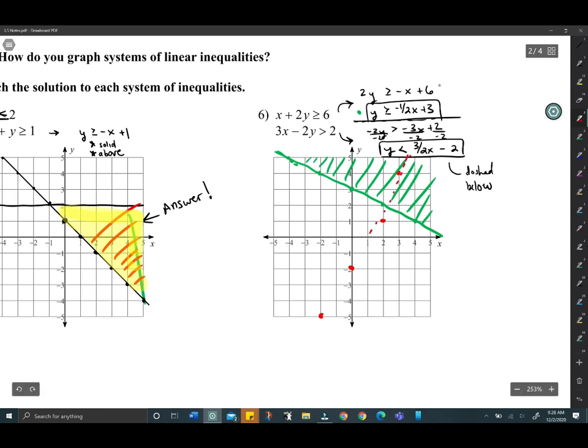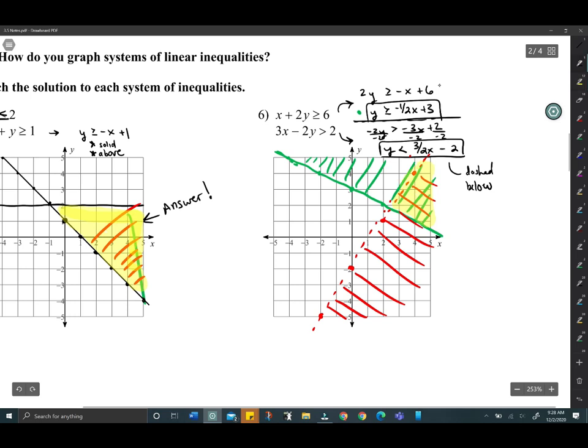And below, I graphed that one funky, right about there. And below that line here. So really, the only place our solutions are right in that yellow triangle there. Okay, so graphing, shading, and line types.